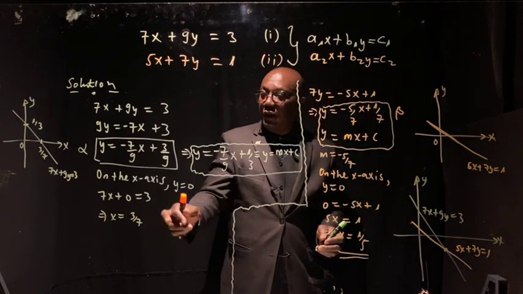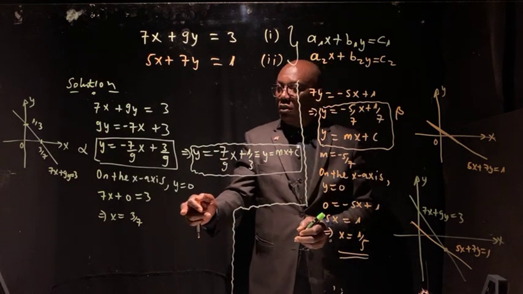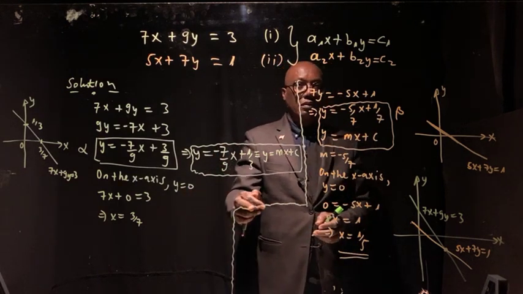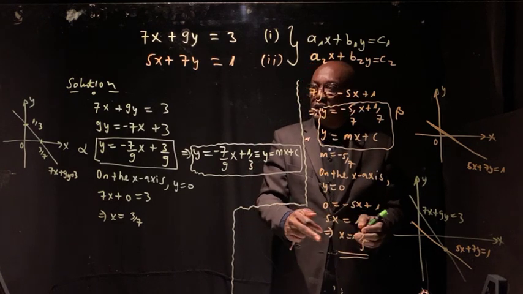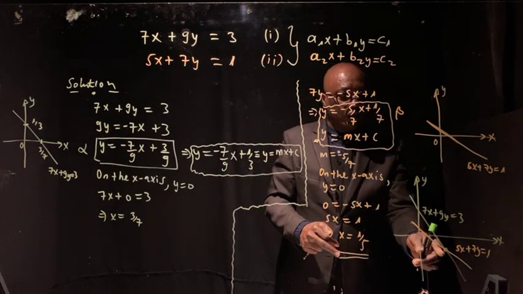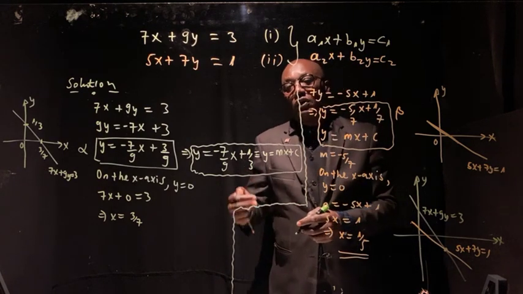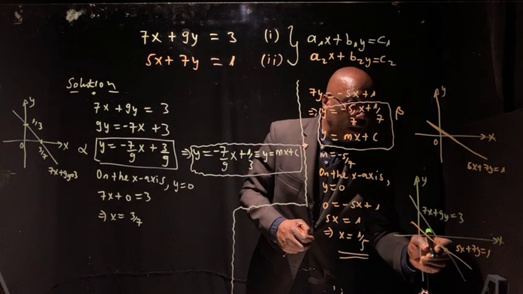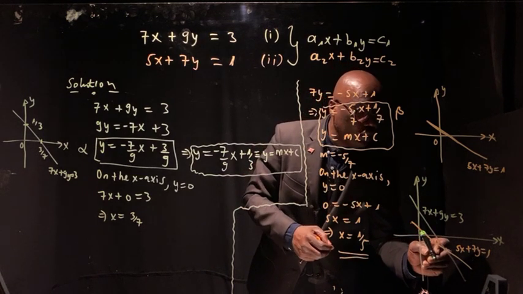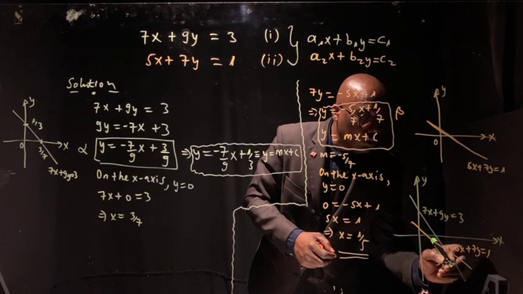I think we still haven't found the solution. We'll find it. This is the solution that we are looking for. Though we knew from the previous substitution approach that x was equal to 3 and y was equal to -2.